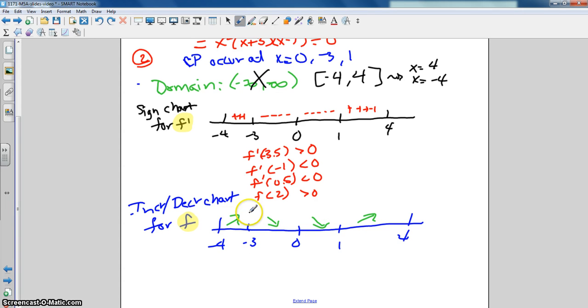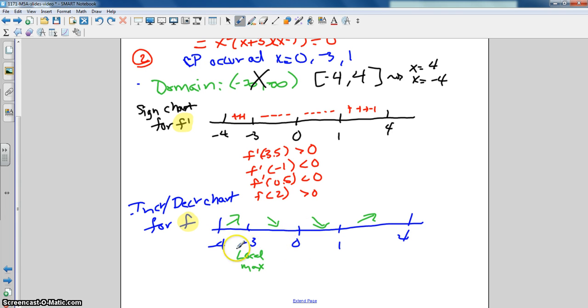Now I'm about halfway down in the flowchart, and this really allows me to classify the extrema, or classify my critical points based on what they are. At -3, it switches from increasing to decreasing, so this is going to be a local max.